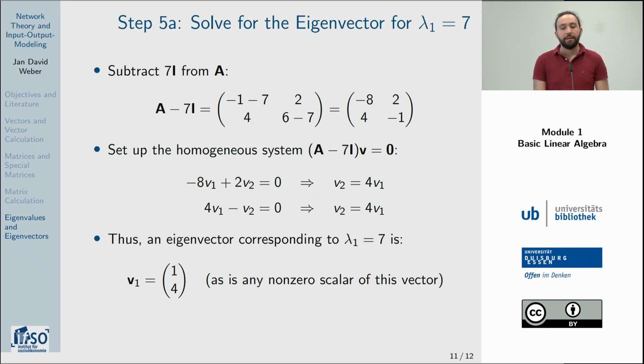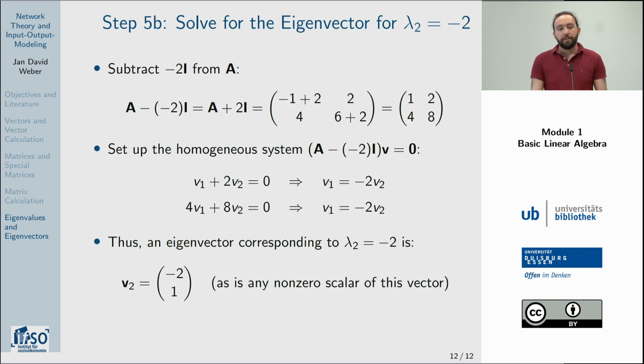And it's really interesting to see here, because you might get different aspects depending on how you solve this homogeneous system, that any non-zero scalar multiple of this vector is also an eigenvector for the matrix A. The same applies for the second eigenvalue that we had, where lambda 2 was -2. We do exactly the same thing. You see now we have a different matrix here.